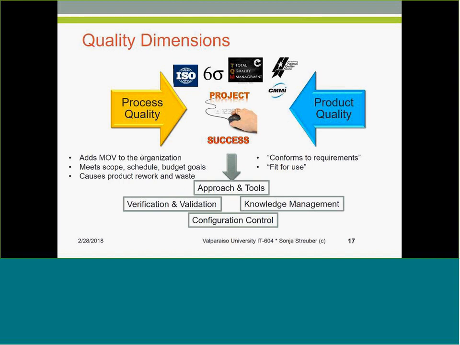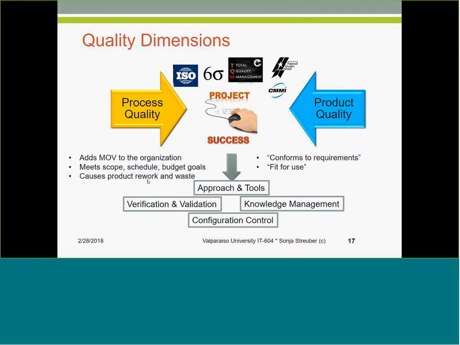So project success does not mean you followed your schedule, you followed your budget, and boom, you got your scope done. If you developed the wrong project, no value, right? But it doesn't mean that you shouldn't strive to meet scope, schedule, and budget goals. And we'll look at that in a moment, right? Make sure that you track the causes for product rework and waste, and that you eliminate the causes for product rework and waste very quickly, right?